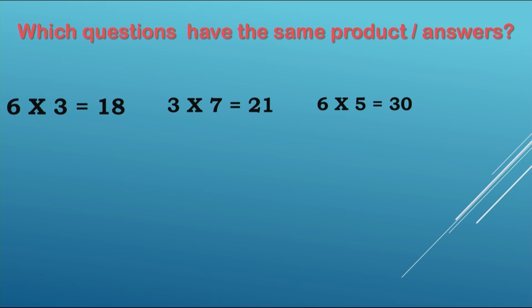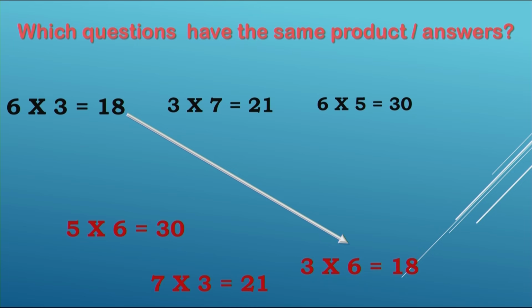And now here comes the other set. 3 multiplied by 6, 7 multiplied by 3, and 5 multiplied by 6. Now, at home, you can write them next to each other. But on my screen, I will be putting an arrow that will match them together.